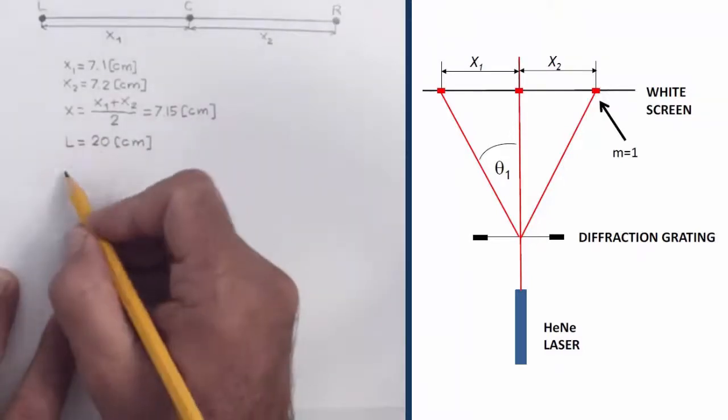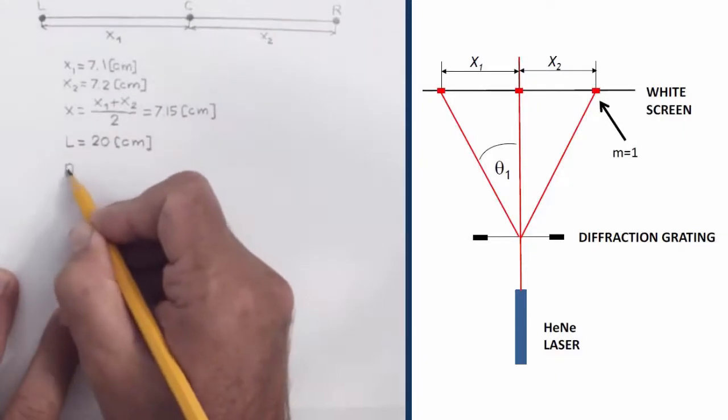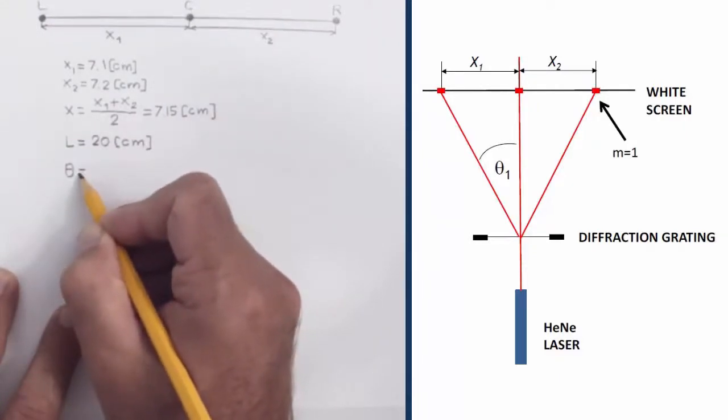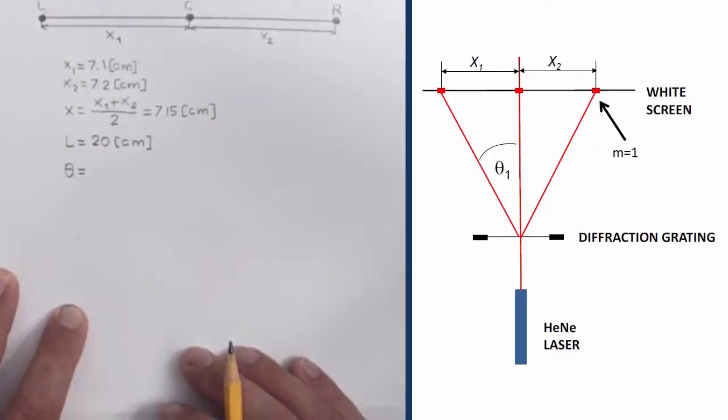Now, the angle theta that two laser beams made when they produce the left, center and right spot.